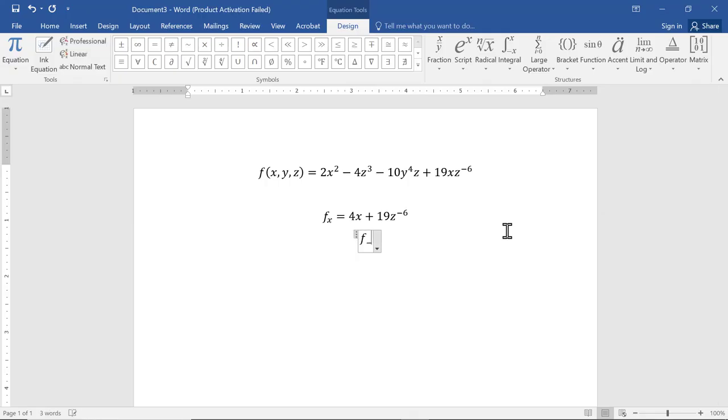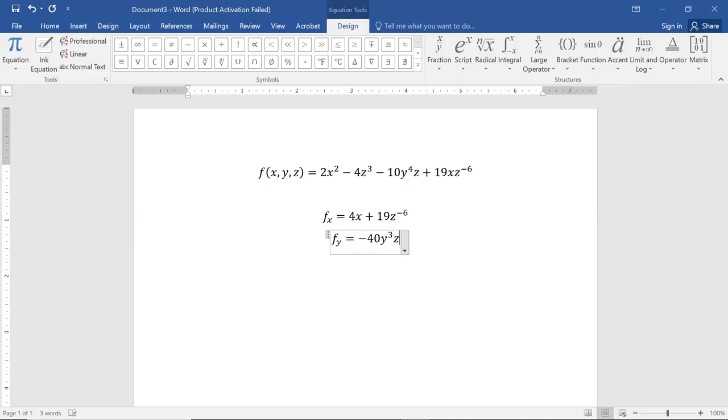My first partial derivative, f sub y: well, 2x squared is constant, so that becomes a 0 when I take the derivative. Negative 4z to the third is constant with respect to y, so that becomes 0 when I take a derivative. Negative 10y to the fourth z: when I take a derivative with respect to y, I get negative 40 y to the third times z.